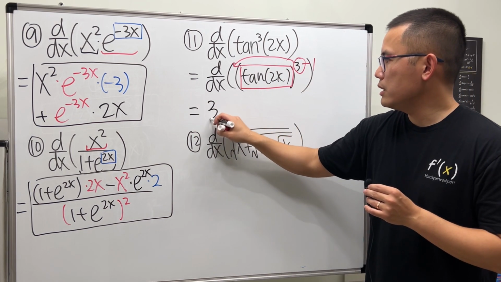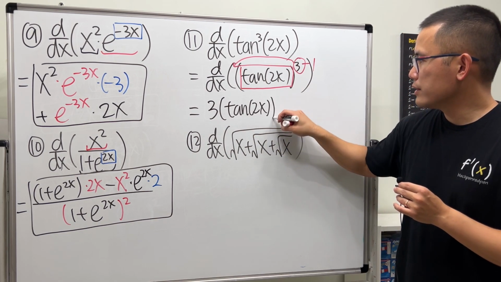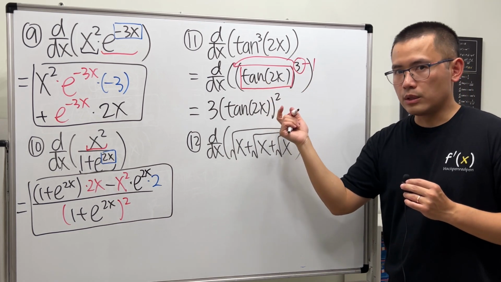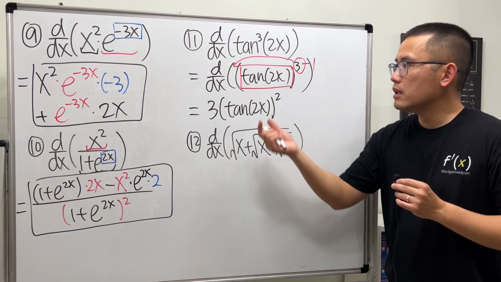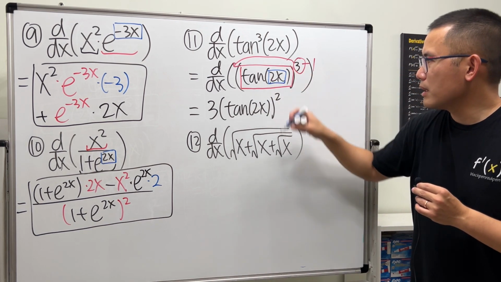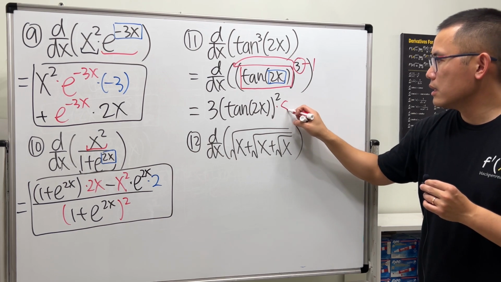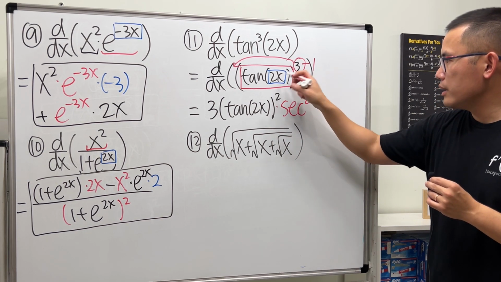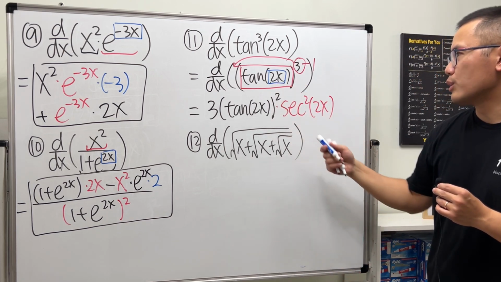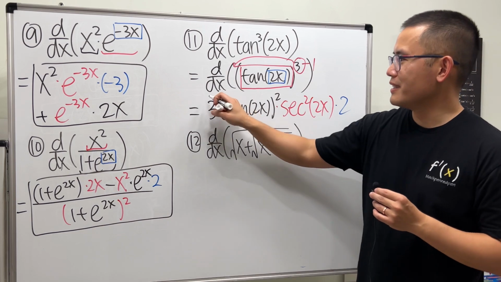So we have 3 tangent of 2x, and then raised to the second power. Now look inside, take the derivative of tangent of 2x. The derivative of tangent of a box, right? 2x is a box like this. The derivative of tangent is secant squared. And then you keep the inside. And finally, you multiply by the derivative of 2x, which is a 2. So we use the chain rule twice right here.